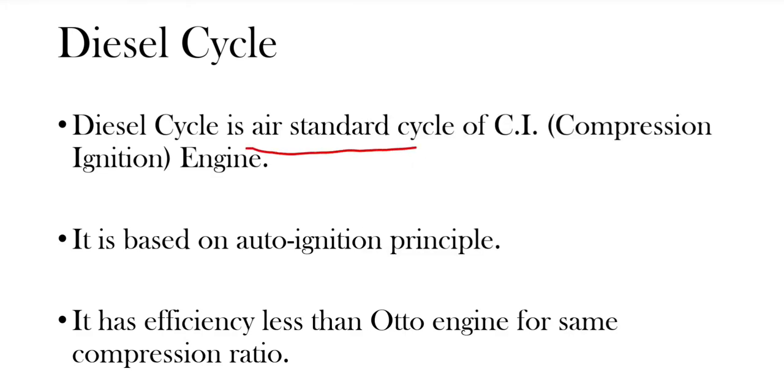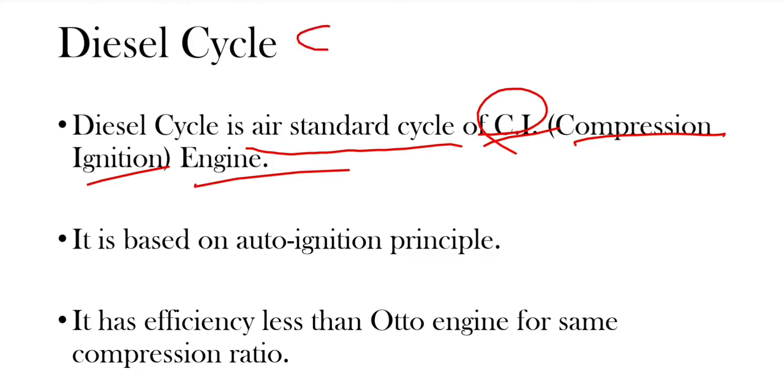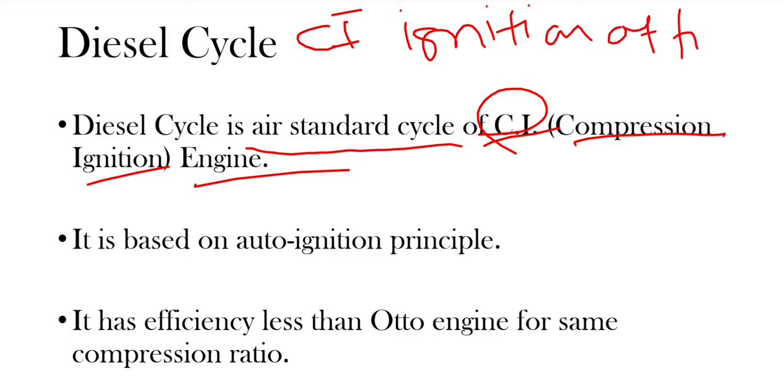The diesel cycle is an air standard cycle of the CI engine. The CI abbreviation stands for compression ignition engine. In the compression ignition engine, the ignition of the fuel is done by compression.